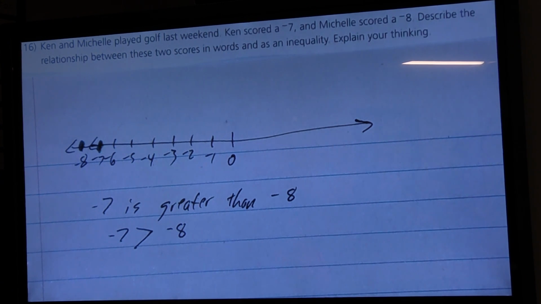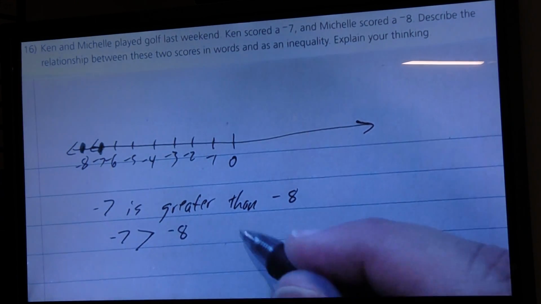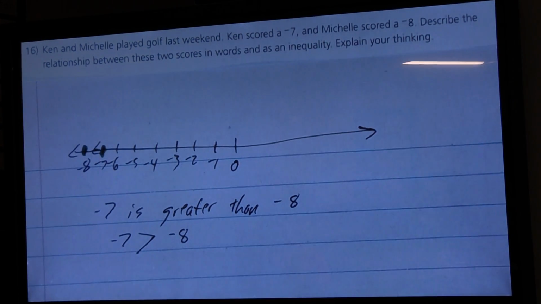In this case, I used a number line, I showed my process on how I came up with my answer, and I showed my answer. I explained my thinking verbally. I'm not going to write down my explanation, but my students, hopefully, if they got this item correct, have written down that because -8 is farther left on a number line, we know it has less value than -7. We know -7 is greater than -8.